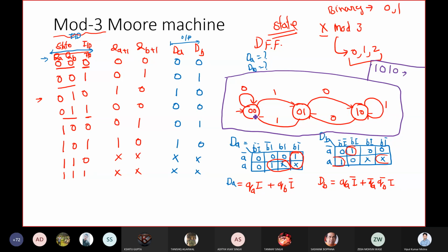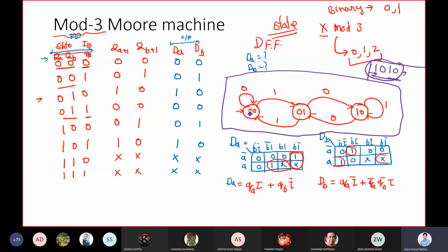So now, what we are giving is the input 1, 0, 1, 0. You will give this entire input from left to right.